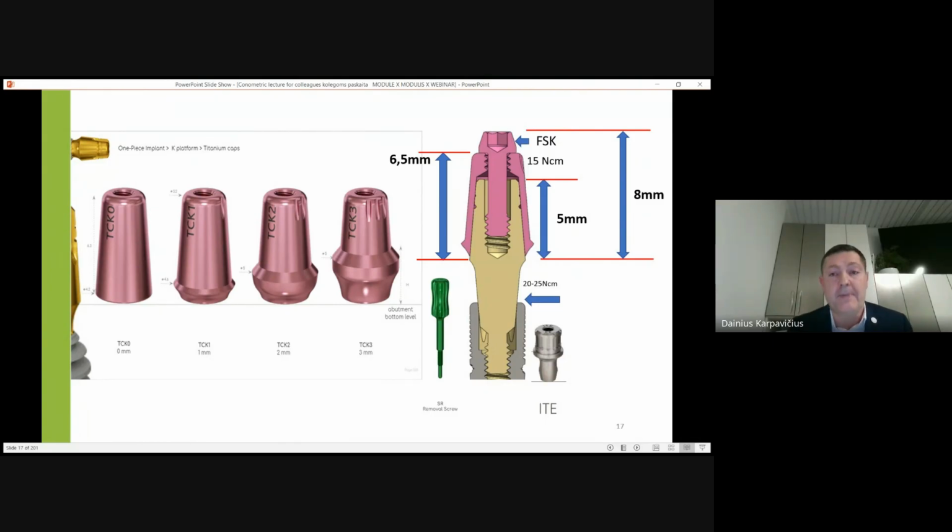Even these technical parameters of abutments give the surgeon, and later on the prosthetic doctor, the possibility to go from the implant, from the submerging, with a more natural outcome.